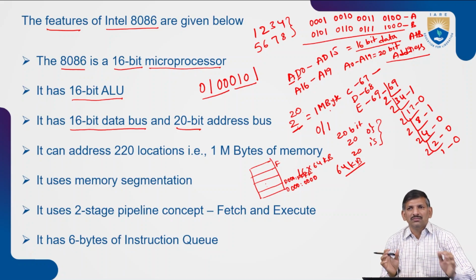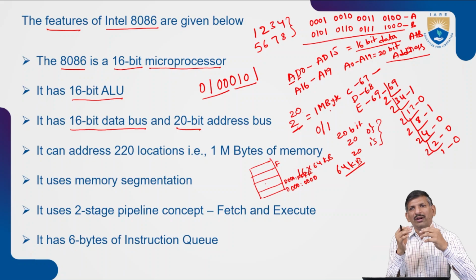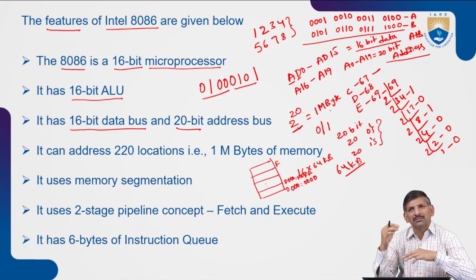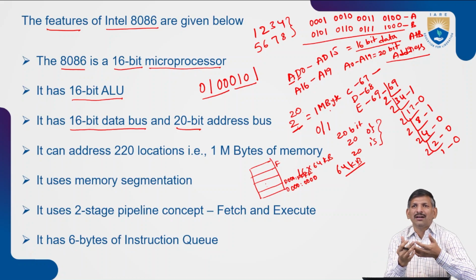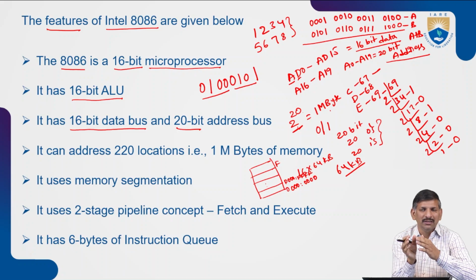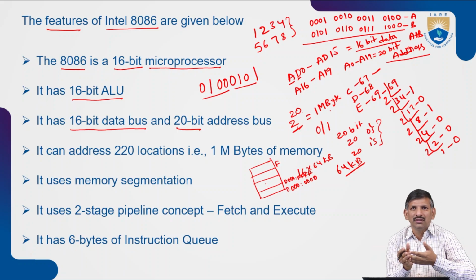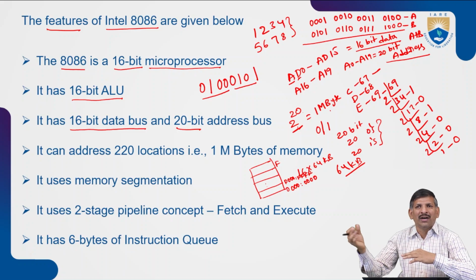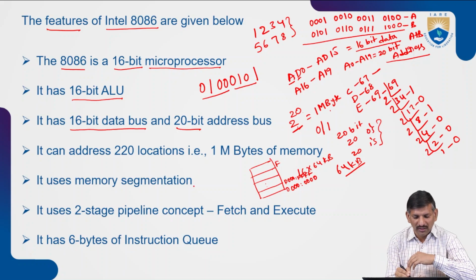Instead of combining or overlapping the information, suppose I want to access the code, I can directly access the code segment only, not the data segment, or the stack segment, or the extra segment. So whatever operation I am doing, the corresponding information is available in a particular segment, so I can access the information from the corresponding segment only, instead of overlapping other segments. That is the advantage. Avoid the overlapping of the information.